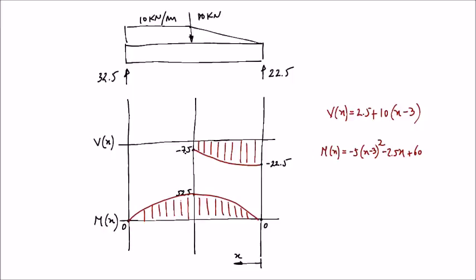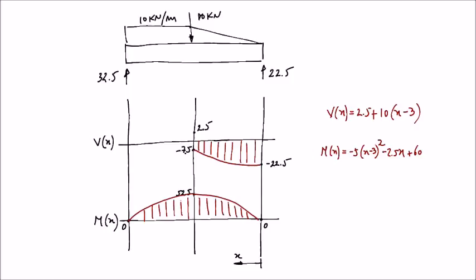For the shear force, when we replace x by 3, we will get the shear force of 2.5. So let's say this is 2.5. And when we replace x by 6, we have a shear force of 32.5.